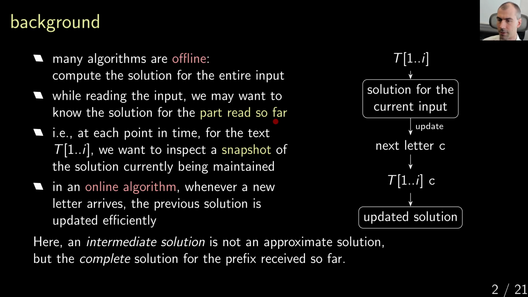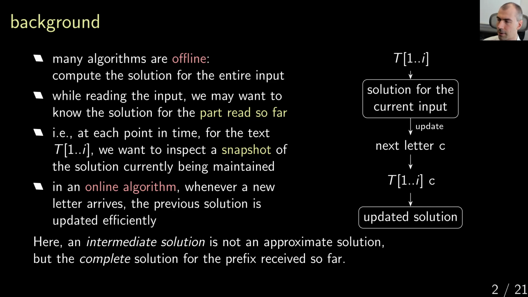In the setting of strings, what you actually have here is a prefix. So you have read up to the i-th length prefix, and you compute a solution for the current input. Then you update it by appending a new letter, and for this appended string, you update the solution.